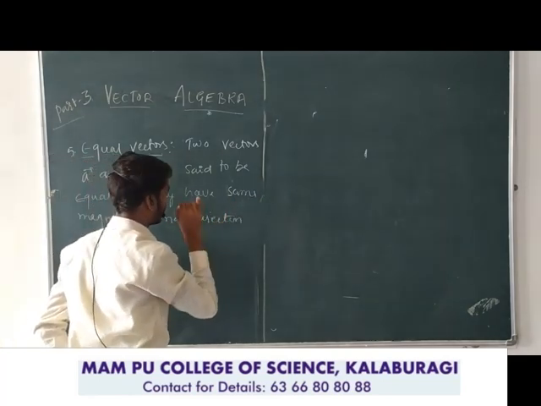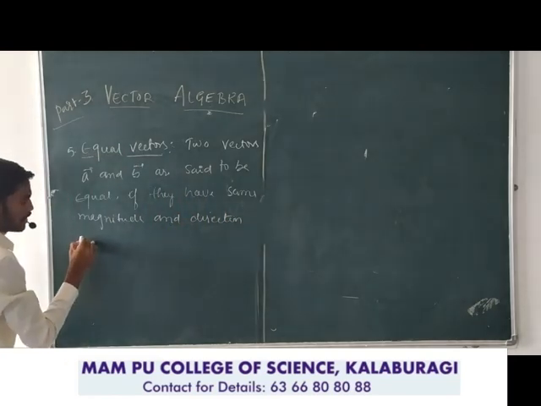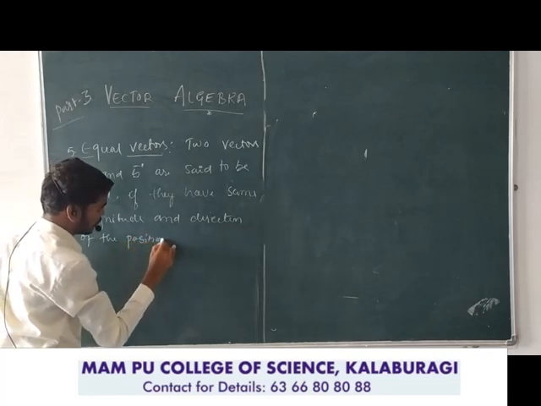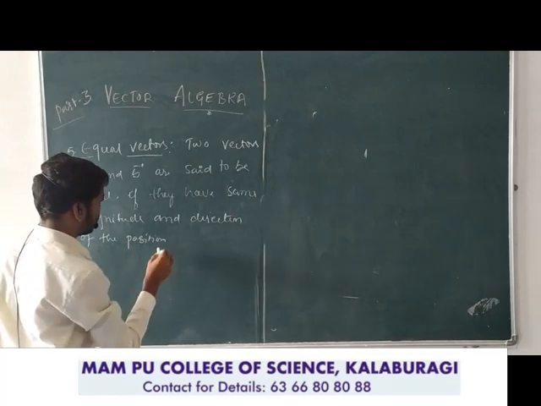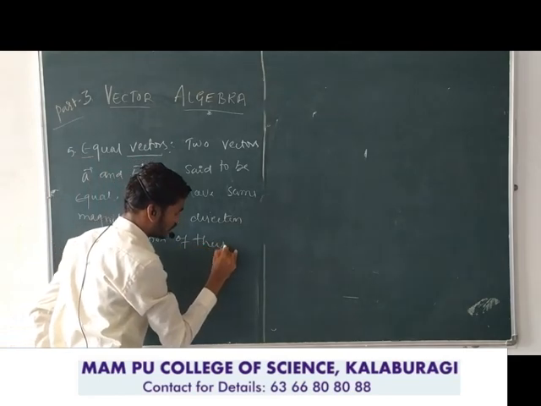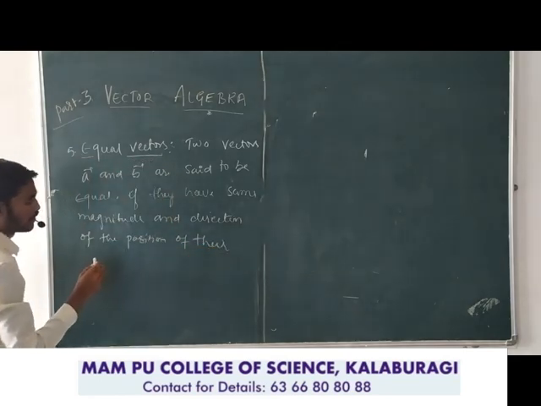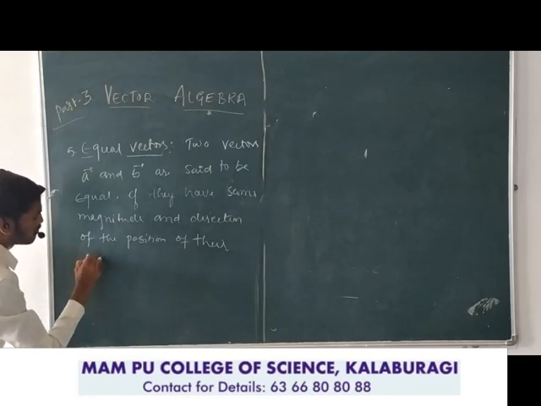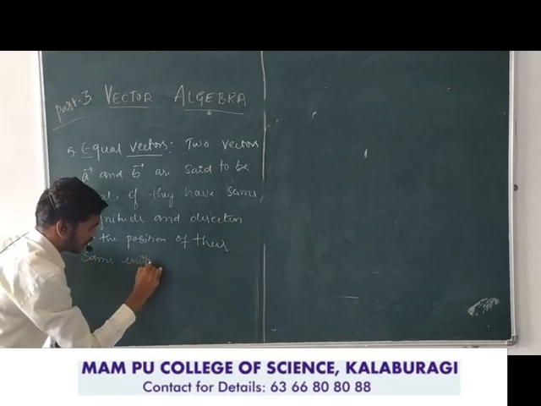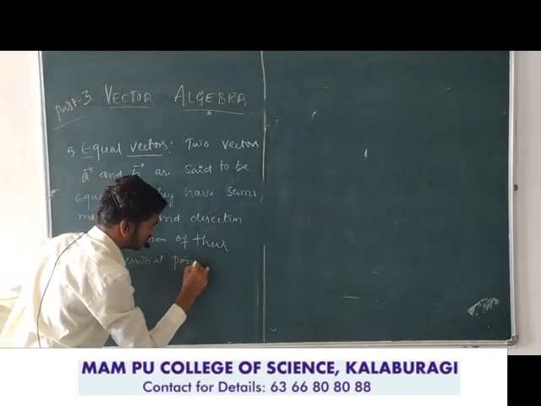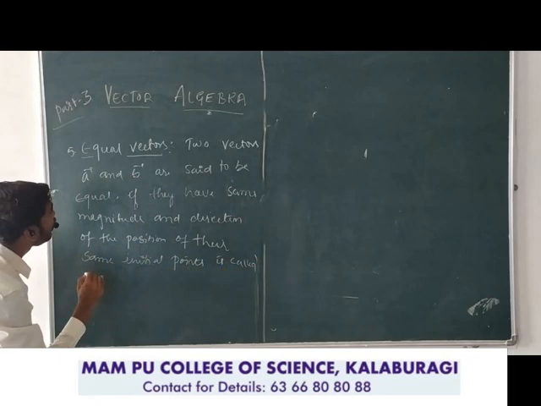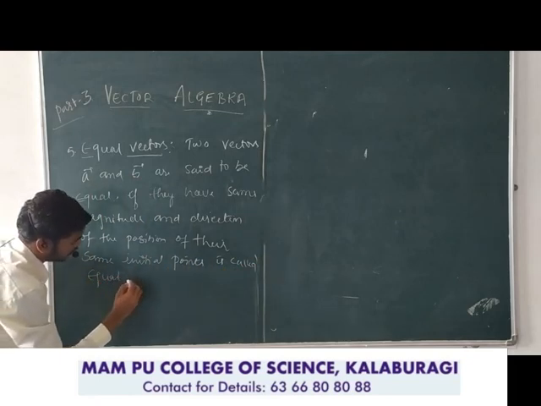The direction of the position vector of their same initial points is called equal vectors.